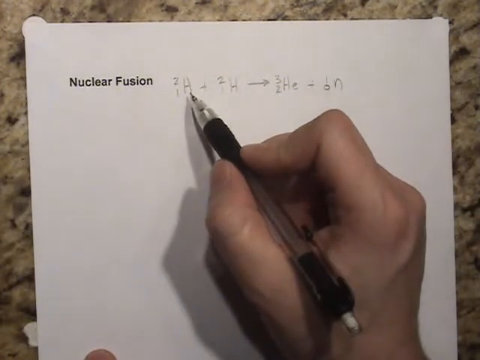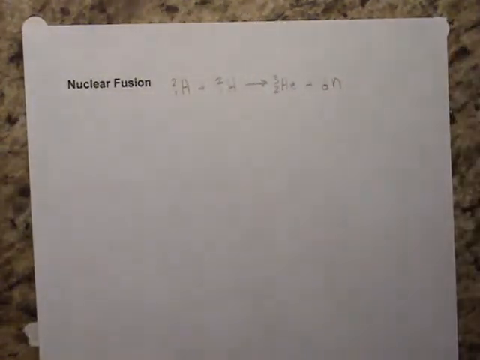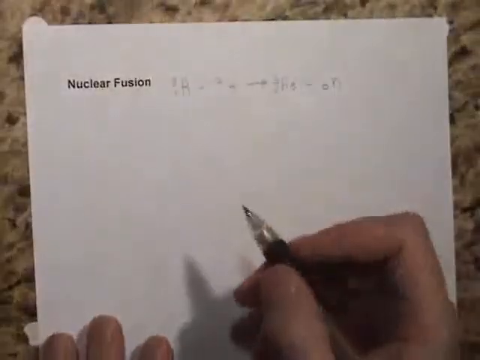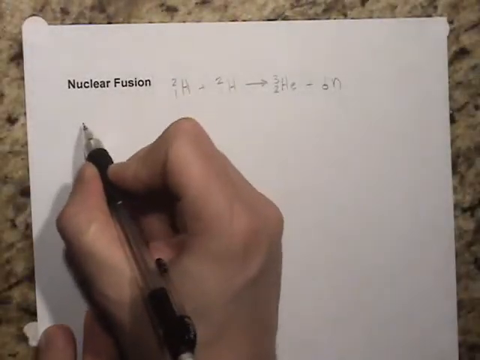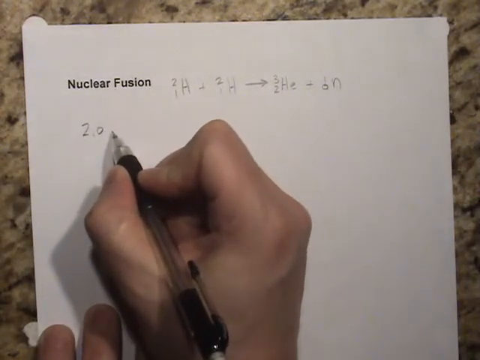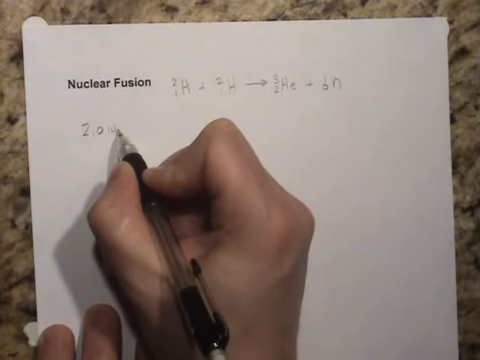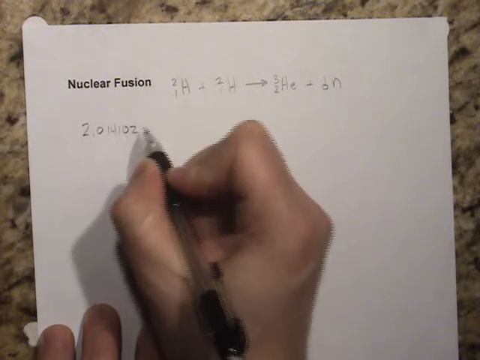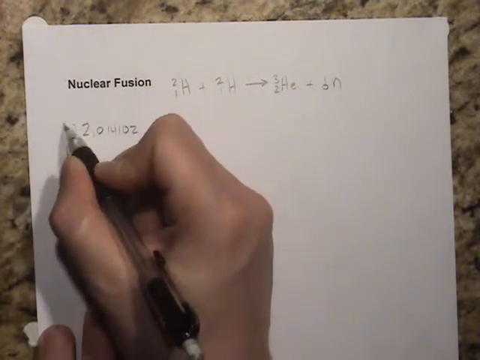If you look in your table, which you should have in front of you, you will find in the second table that deuterium has a mass of 2.014102, and of course we have two of these.